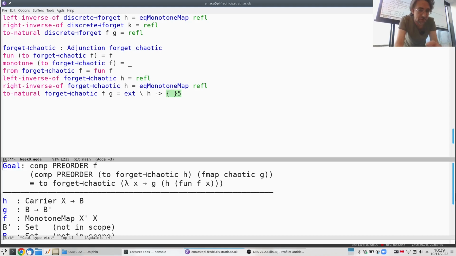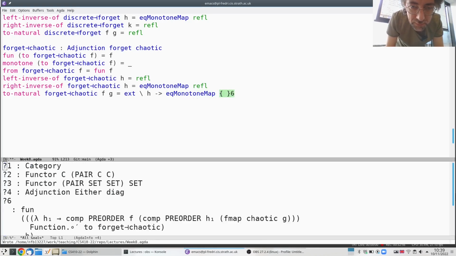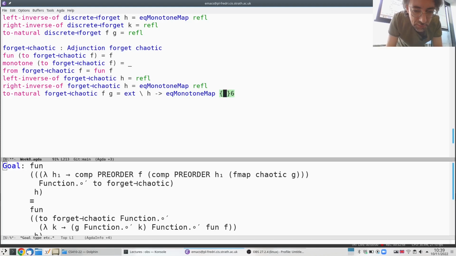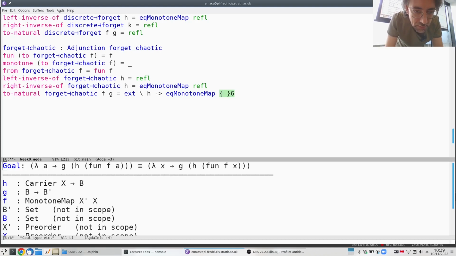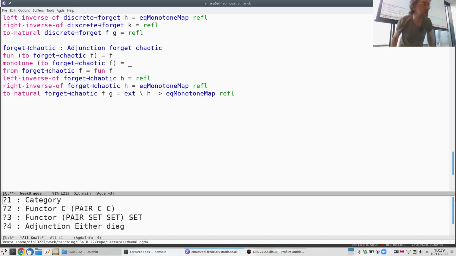These things on both sides of my goal are monotone. And now I can see all of the octopus in my way. That's a win. Thank goodness for that.